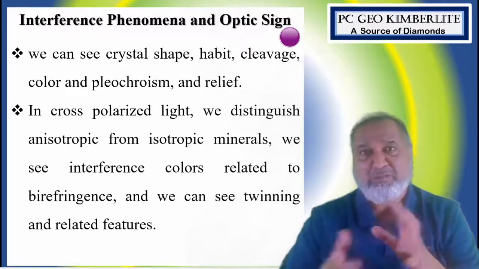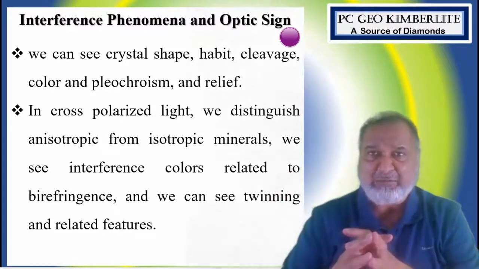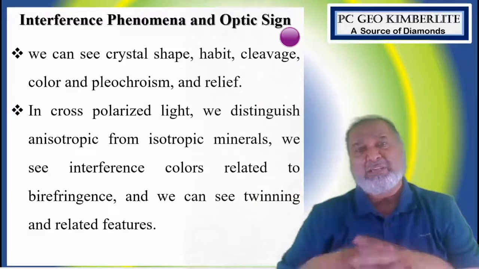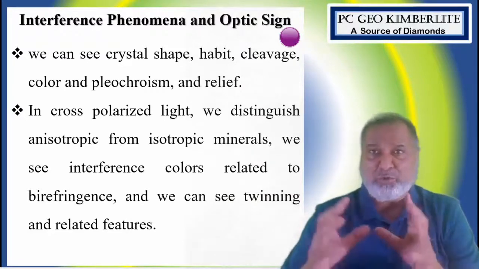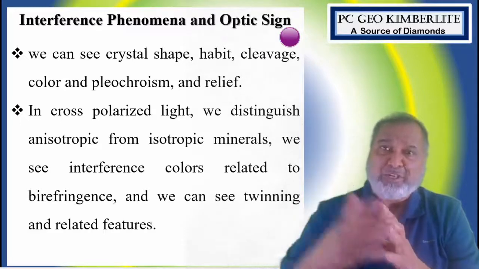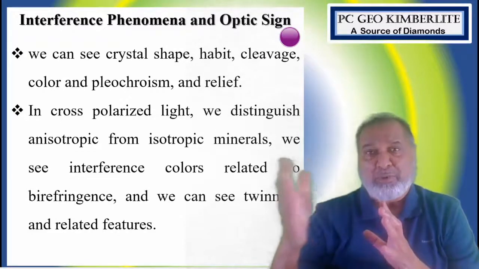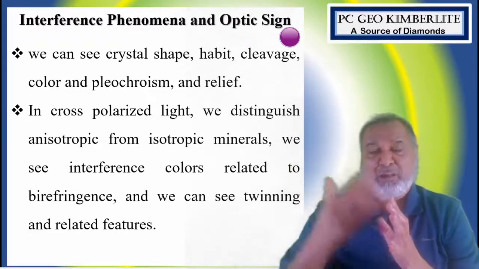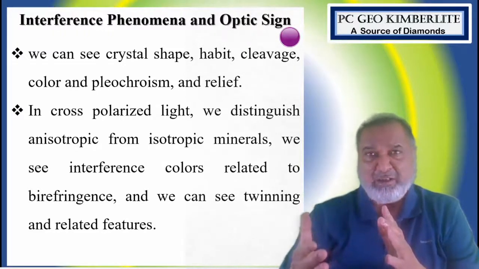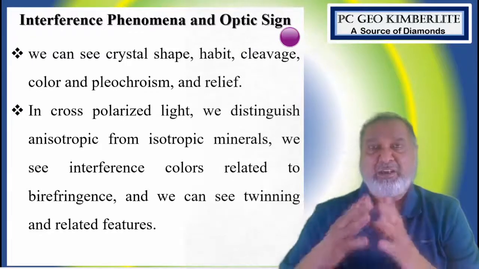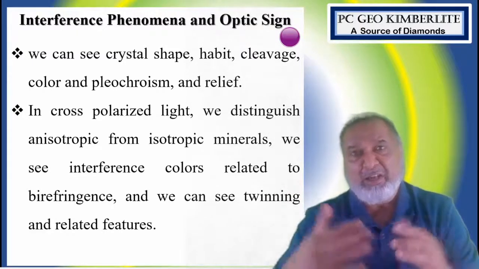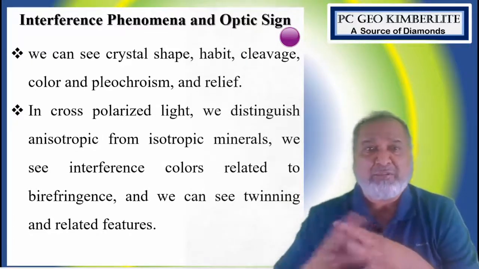Those in between give you colors and darkness: at four places they become dark, and in between these four places we get the colors. That is the anisotropic mineral, and the rest of the properties we study in anisotropic minerals. In that we see isotropism, anisotropism, extinction, twinning, cross hatching, interference color, turbidity, and distinction properties. Then we have the identification.